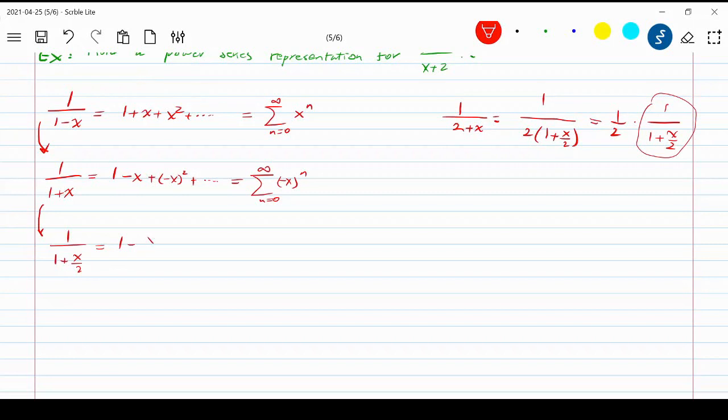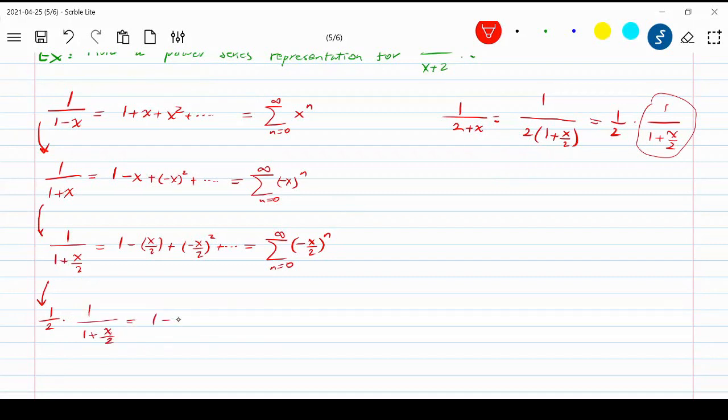I'll get 1 minus x half plus negative x half squared, and so on, which is going to be exactly the same as summation. Instead of x, I have x half to the power n from 0 to infinity. So now that I got that, I just need to multiply 1 half. So what would be 1 half times 1 over 1 plus x over 2?